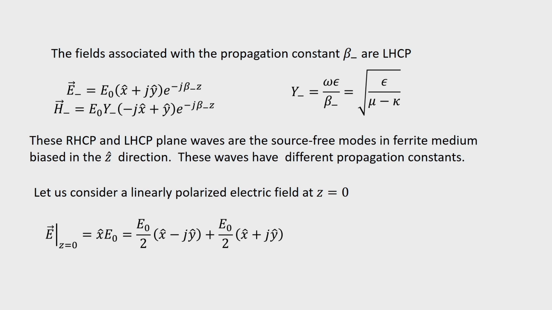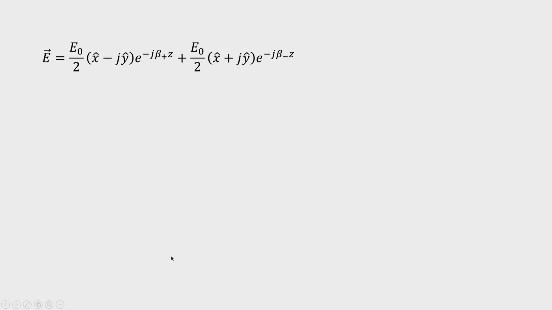At z is equal to 0, the electric field E, which is directed along x, can be written in this form, and therefore at any z we can write E as E naught by 2 (x cap minus j y cap) e to the power minus j beta plus z plus E naught by 2 (x cap plus j y cap) e to the power minus j beta minus z.